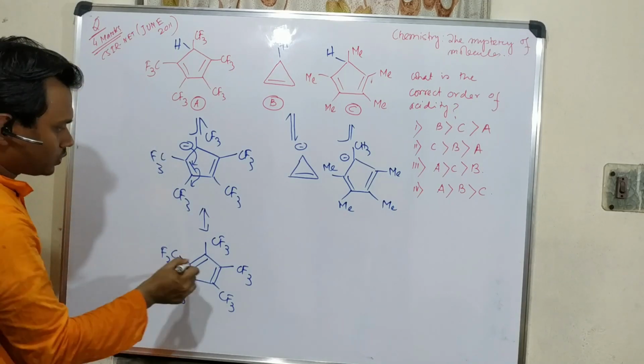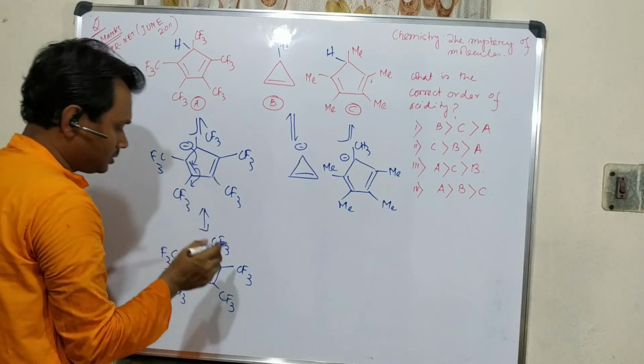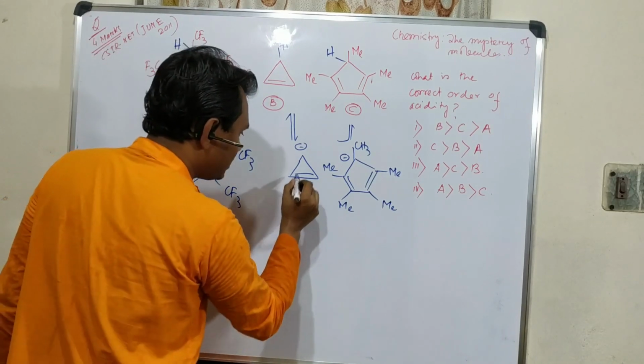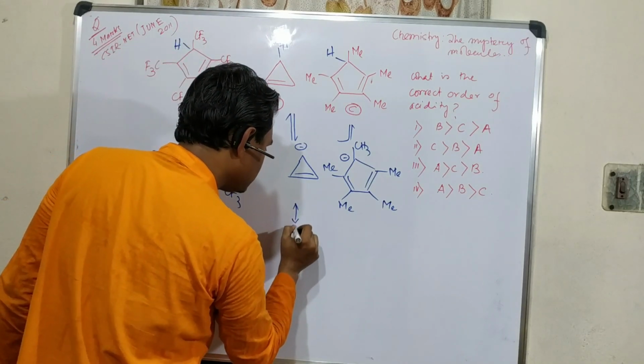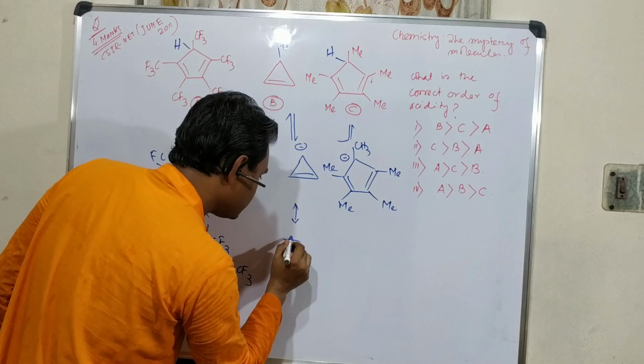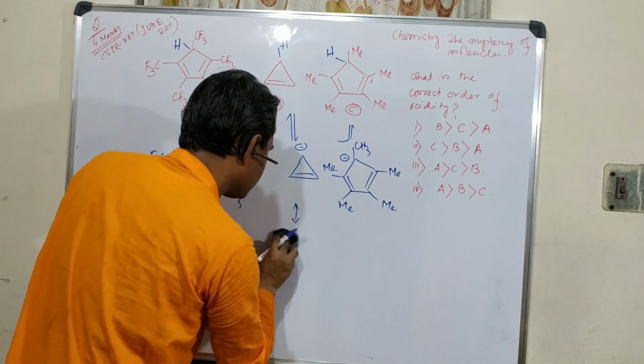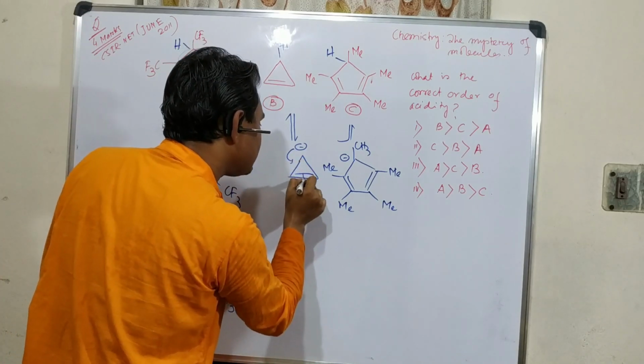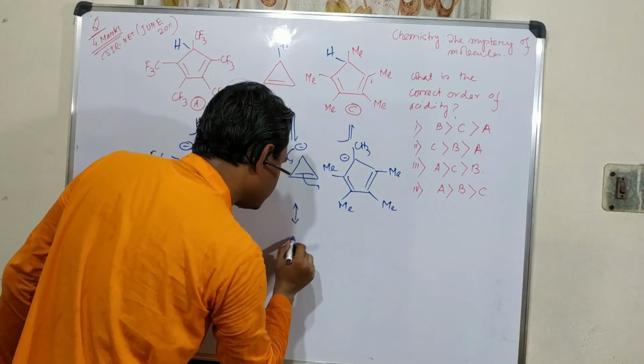The minus charge is here. In this way, other resonance forms are possible, so I am not going to write those. This is one resonance structure, where this will come here and the negative charge will come here.